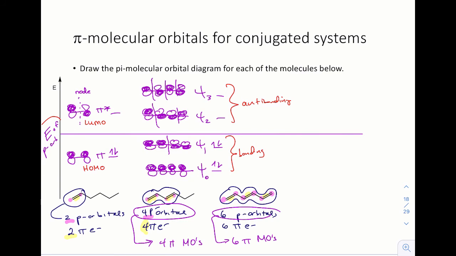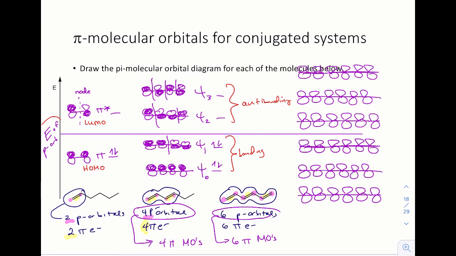The lowest energy orbital, which we will call psi naught, will have 0 nodes. So all 6 p orbitals combine in phase for a bonding interaction between all of the atoms. The next lowest energy orbital will be called psi 1 with 1 node symmetrically distributed. So in the middle of the 6 atoms, so between carbons 3 and 4 of this system.